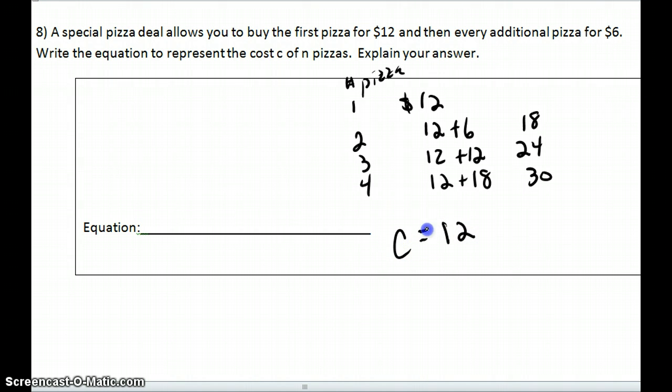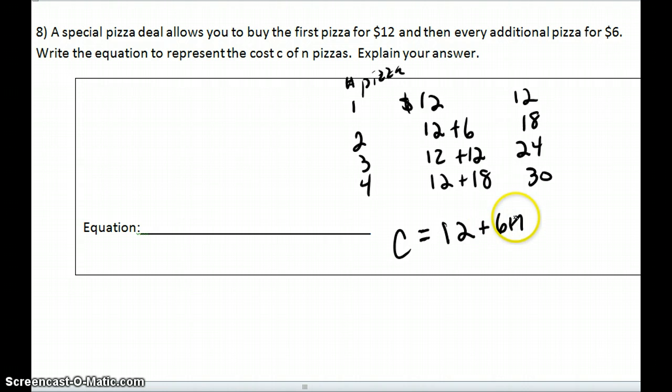So using this, we know 12 is always going to be constant. So C is our number, or our total cost. 12 is always for the first pizza. If we add the cost of each additional, that probably means $6 for each one. Now we want to plug things in. We want to say if we have one pizza, is it $12?